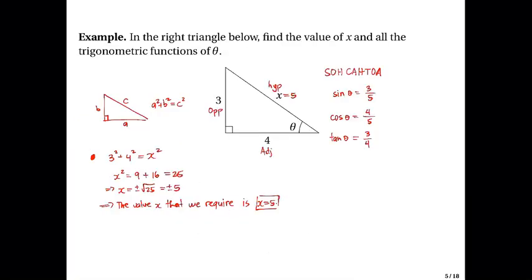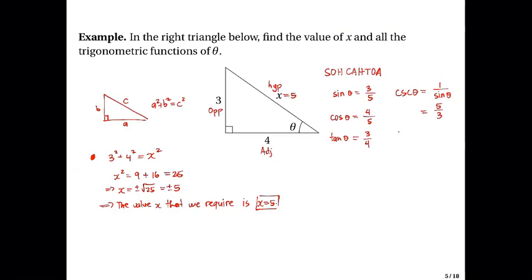So cosecant theta is equal to 1 over sine theta. This is just the reciprocal of sine theta, which is 5 over 3.